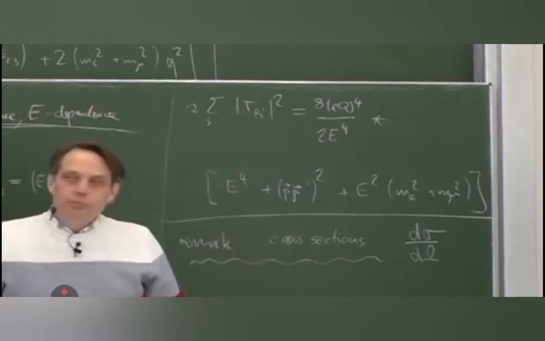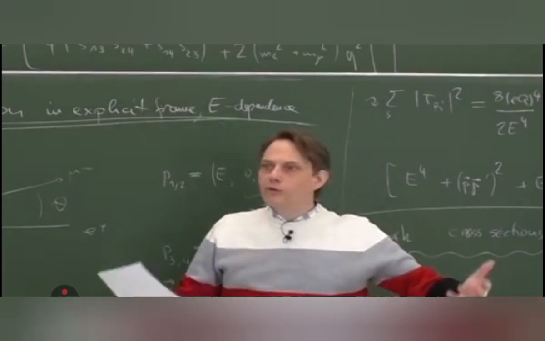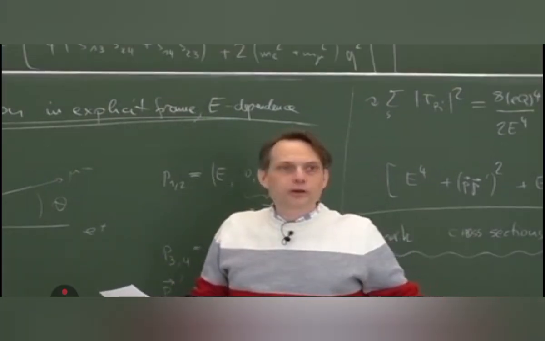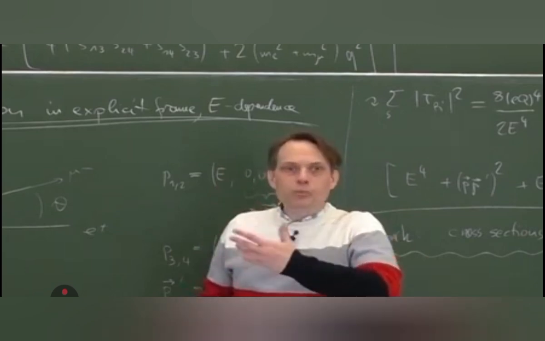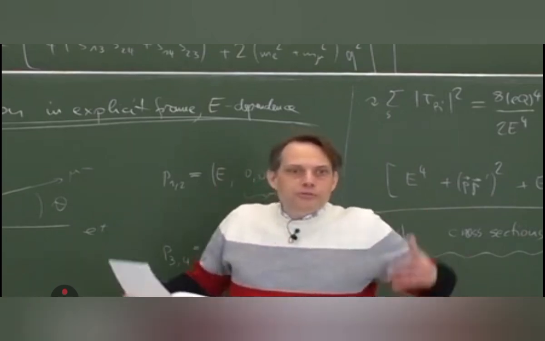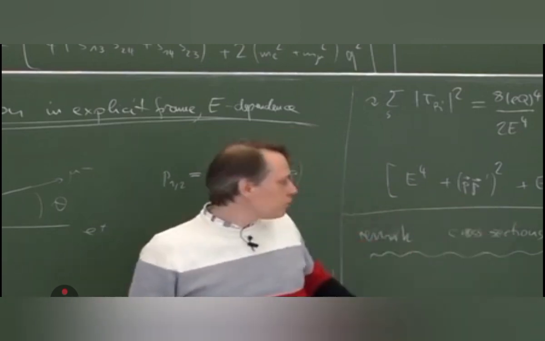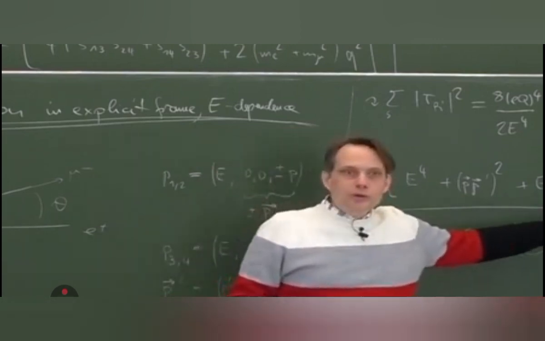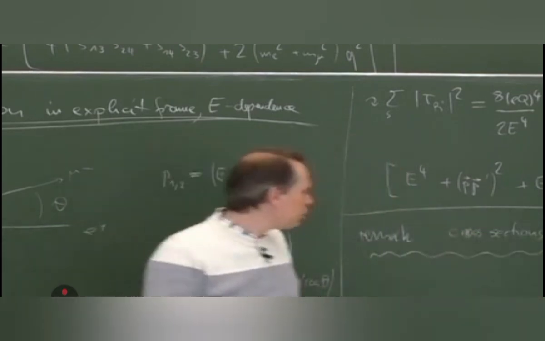But this squared matrix element, for example, still depends on the normalization of the states, which are of course kind of arbitrary. And in particular here we have used plane wave states, momentum eigenstates, which are actually not normalized. They have infinite norm. And so therefore, to make it really physically measurable, we should divide out by the norm, and the cross-section is the appropriate quantity to do that in a well-defined way.